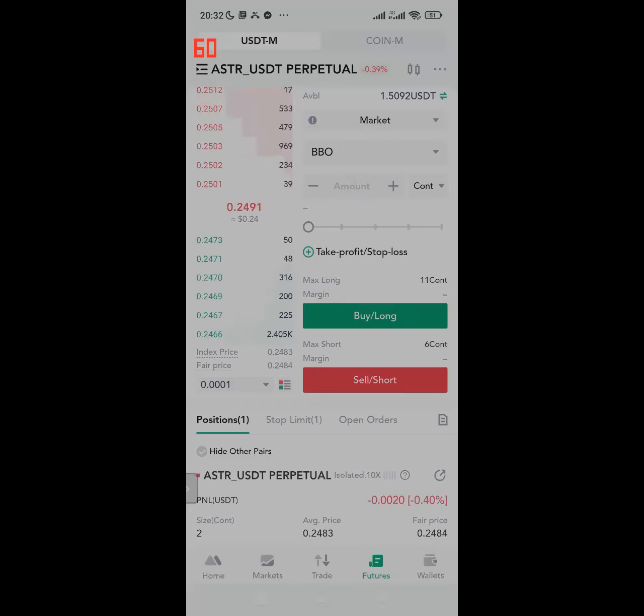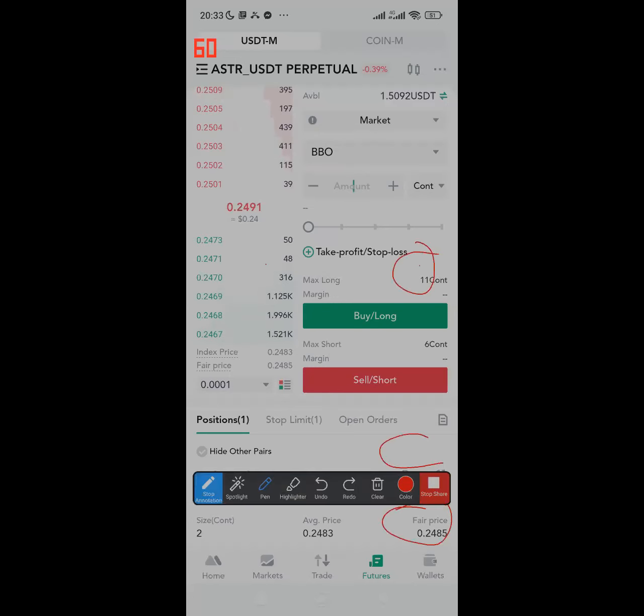But when you open a position, they have to fill your position on the order book, and by that time there is a particular trading fee that will be charged. If you want to find out, in your Binance you will see something like this. Hold on. In your Binance, you see something like this.